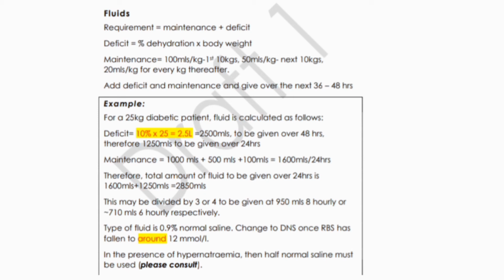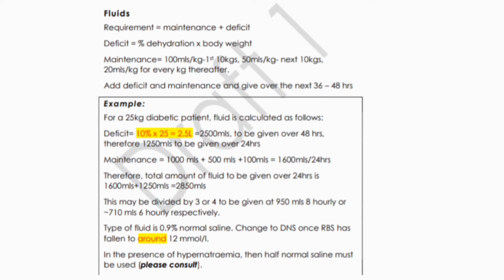So for a 25 kg diabetic patient, fluid is calculated as follows. For the deficit, most of them are severely dehydrated, so use 10%. So 10% times 25 is going to give us 2.5, but the 2.5 is in liters. It's not in mils.